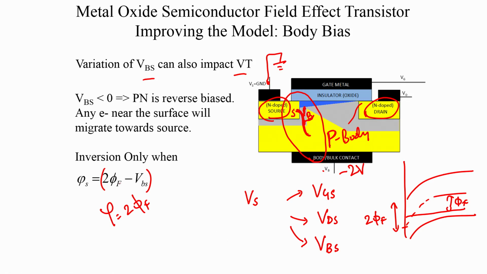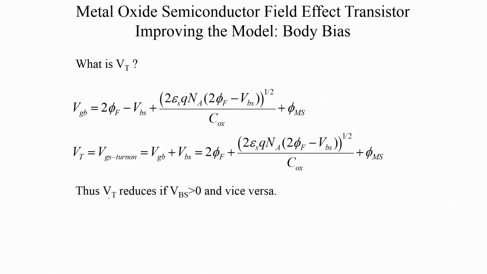So, the condition for inversion is now different. So, how does this impact the threshold voltage? The threshold voltage is basically the gate to source voltage at which we achieve turn on, right, and this happens when my surface potential hits 2 phi f minus VBS now.